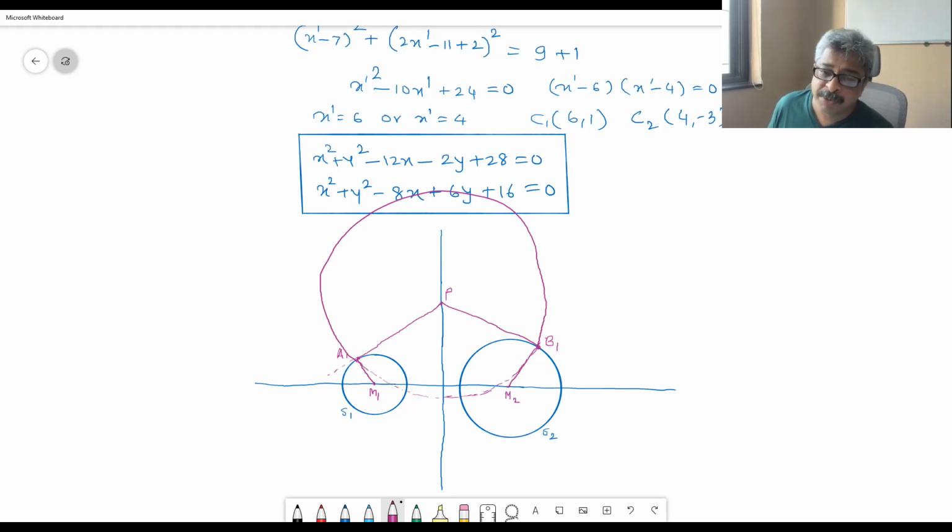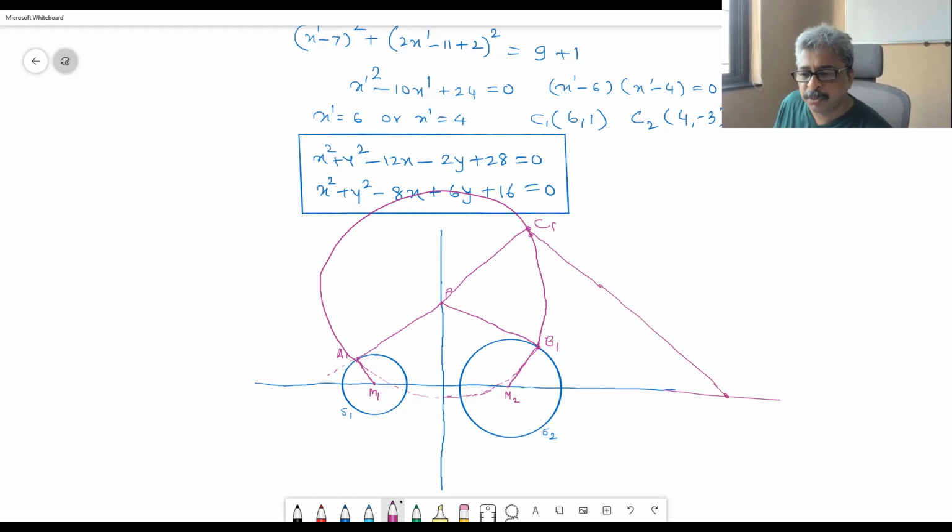So for all practical purposes, we can take any point on this circle. Let us take this point and join this point. This is C1. Again, because it is a radius of this bigger circle, the length of tangent is the same. Now we are looking for a circle whose length of tangent with respect to P is going to be PC1. Therefore, what should we do? We should draw a perpendicular, or 90 degrees, to this radius segment, and we will see where it intersects the line joining M1, M2.